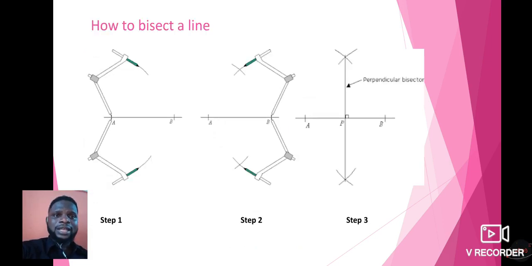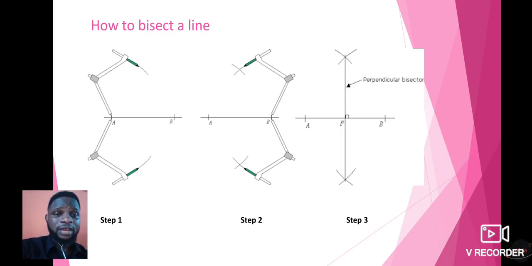How to bisect a line. Now, step 1, bisecting a line means to divide a line into two equal parts. We have line AB, a given line AB of any given length. So we indicate the two lengths A and B. Now the first step is to take your compass with your pencil.